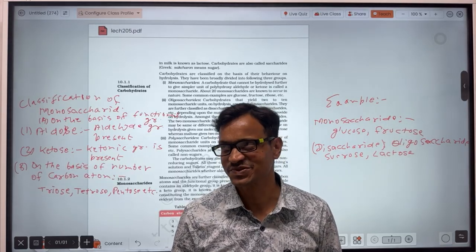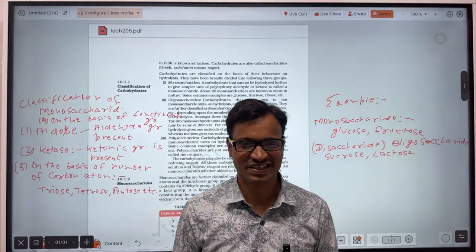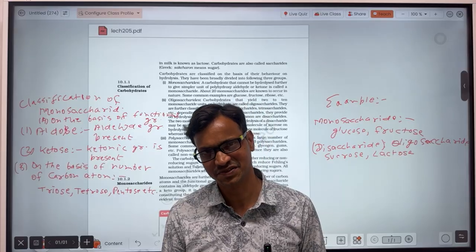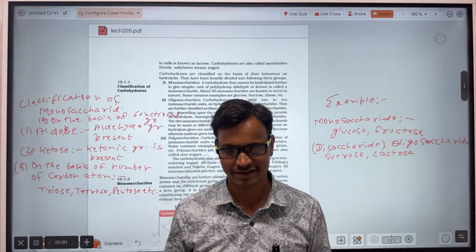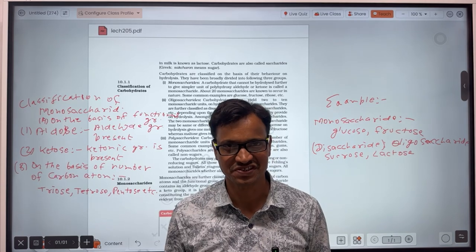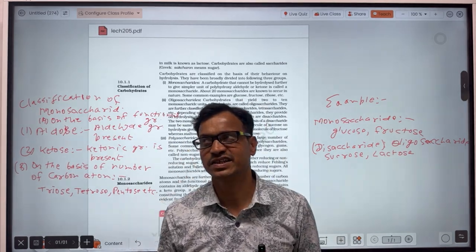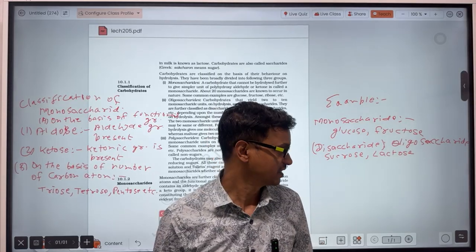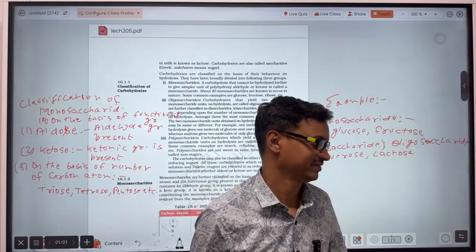Have you realized that the sweetness of kitchen sugar is different from that of milk? Milk contains the sugar lactose.